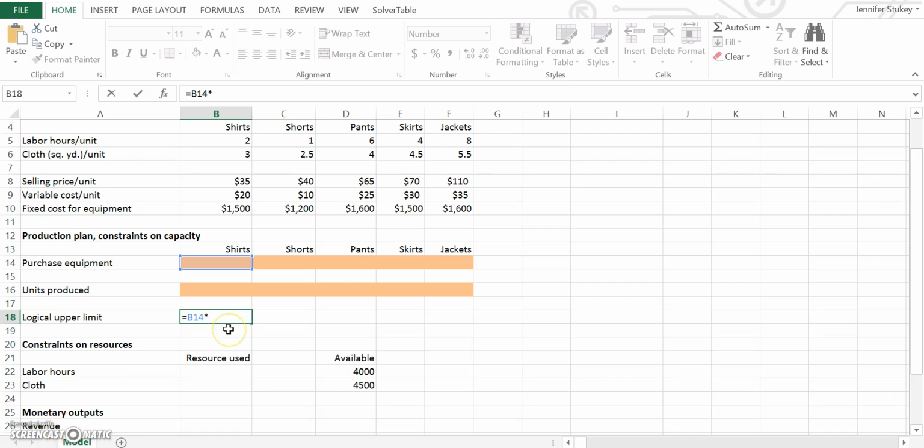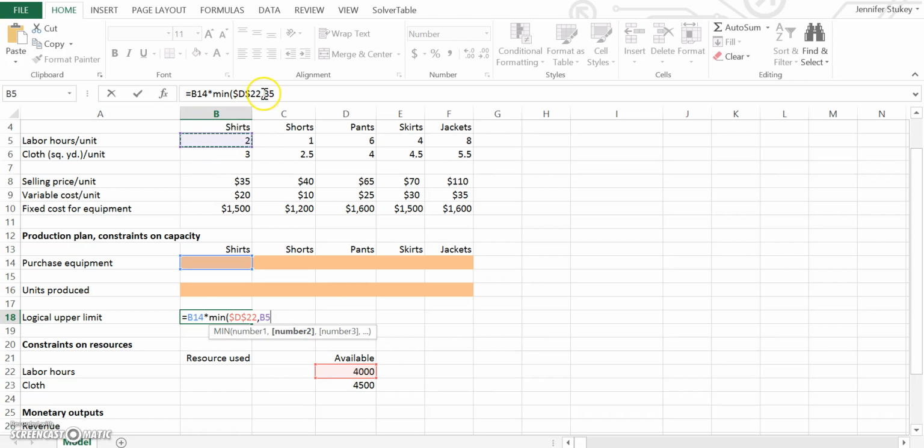Okay. The next part of our equation is going to be a min function, and we're going to calculate the number of labor hours available, and we're going to make that an absolute value so that we can copy and paste this formula. And then we're going to divide that by the number of labor hours it takes to produce 1 unit.